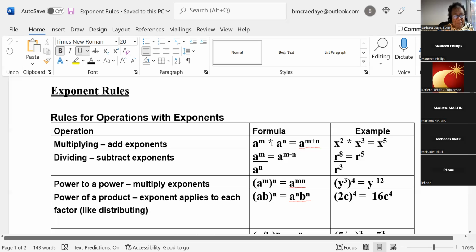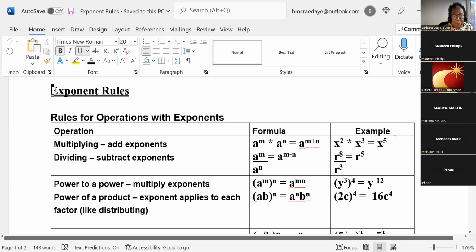A to the M times A to the N is A to the M plus N. With numbers, the base is X: X to the second times X to the third is X to the 2 plus 3, which gives you X to the fifth.